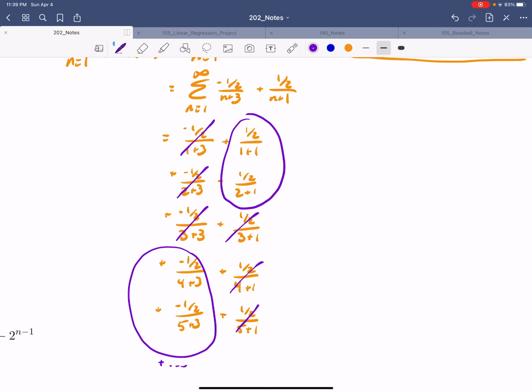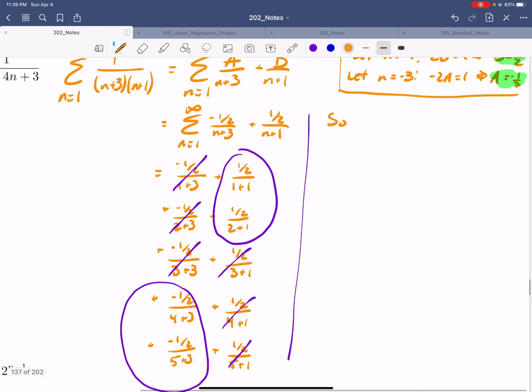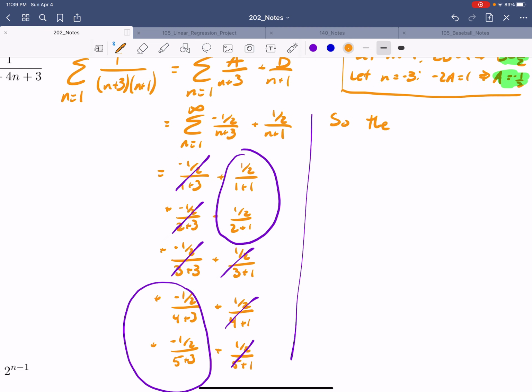Okay, so the nth term, i.e. the nth partial sum, is the following.